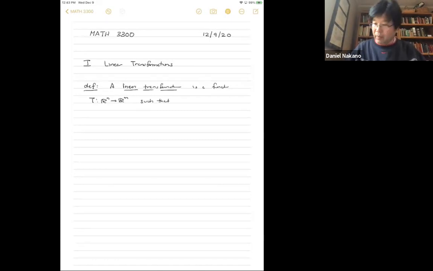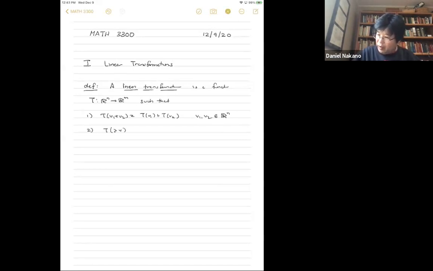two things hold. One, if I take T on v1 plus v2, that's T on v1 plus T on v2, where v1 and v2 are in Rn. And two, T of lambda v is equal to lambda T of v. Here lambda is a scalar and v is in Rn also.